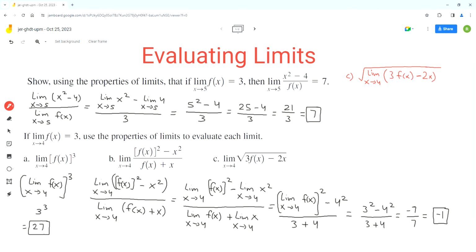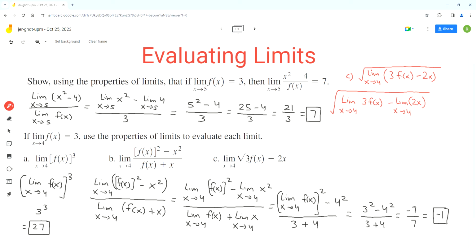Now we'll use the subtraction property of limit. So we'll apply the limit to each term separately. Limit x approaches 4 of 3 f at x, and minus limit x approaches 4 of 2x, and all of it under the square root. Now we can use the constant property for limit.